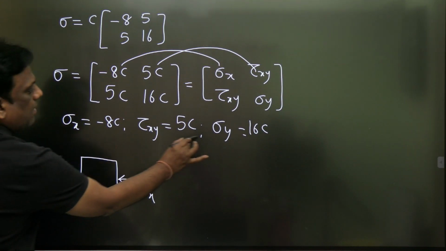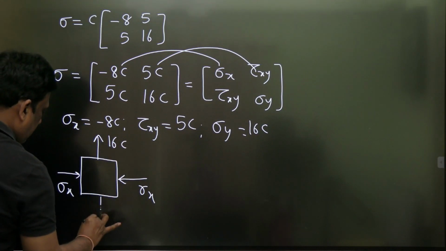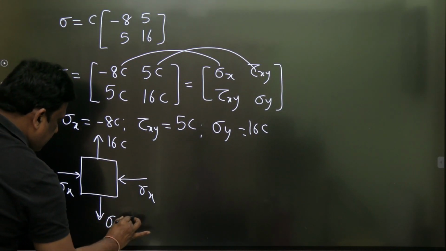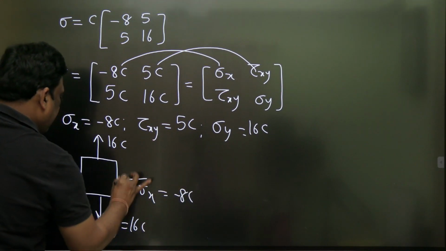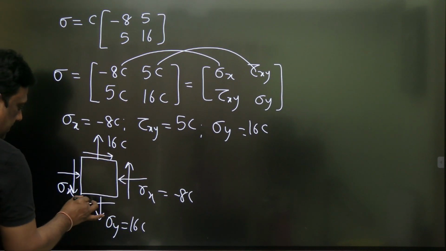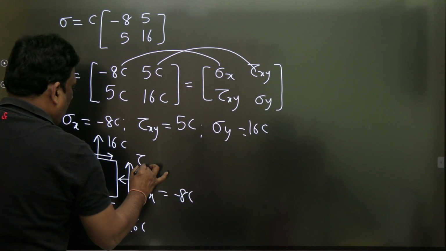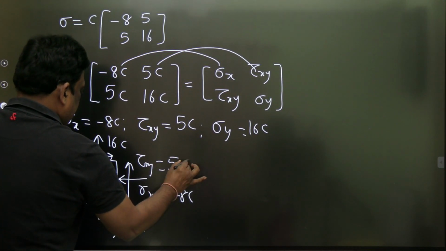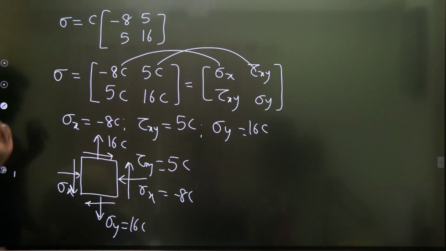And sigma y is plus, therefore 16C. This is sigma y, this is 16C, and sigma x is minus 8C, and there is tau xy, anti-clockwise on the x face and clockwise on the other. And tau xy is equal to 5C.